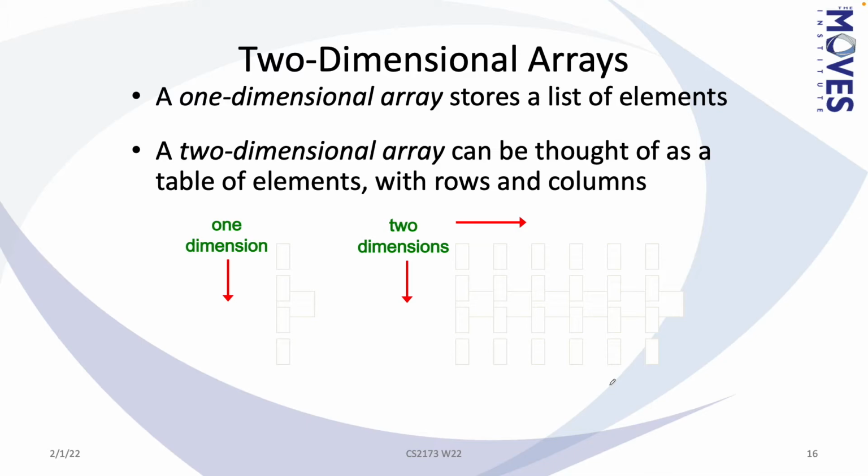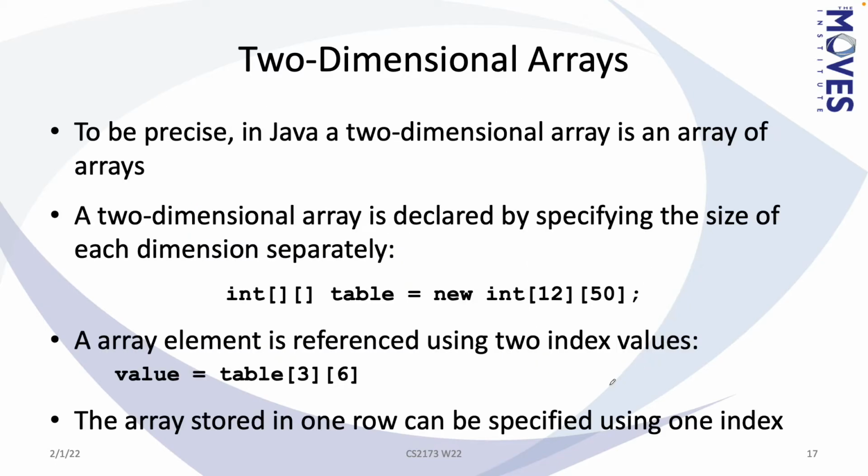Now that's in contrast to if you've worked with languages like R and others, they tend to be more column oriented, but Java, along with C and all its descendants, are row oriented. And one of the consequences of that is that you can define them as rectangular.